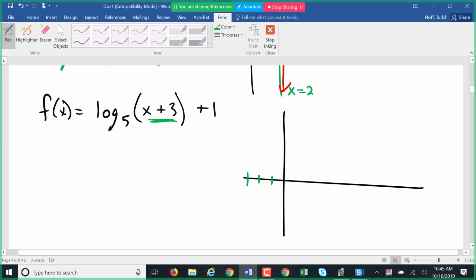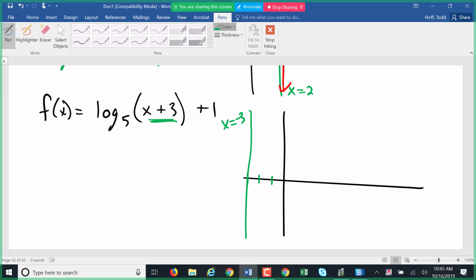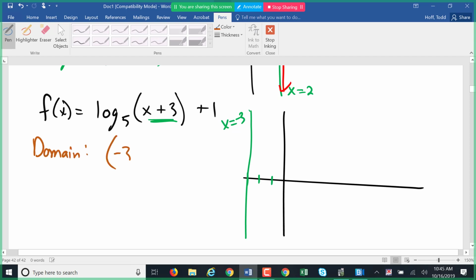So our vertical asymptote moves from x equals 0 to x equals negative 3. So what that means is our domain is going to go from negative 3 to positive infinity. The range, on a logarithmic function, unless it's a rational logarithmic function, and we're not going to throw in fractions in the general functions right now, is just going to go from negative infinity to positive infinity.